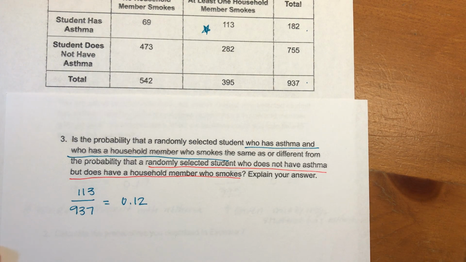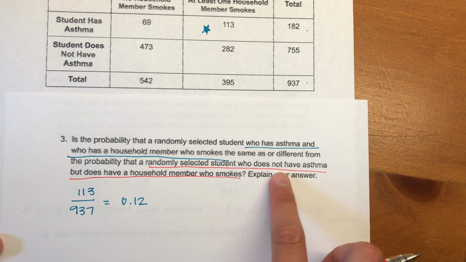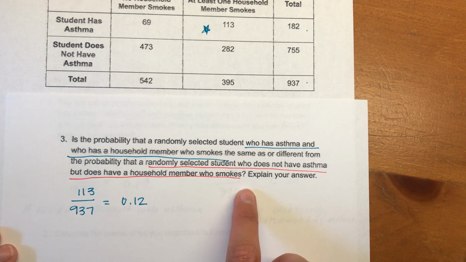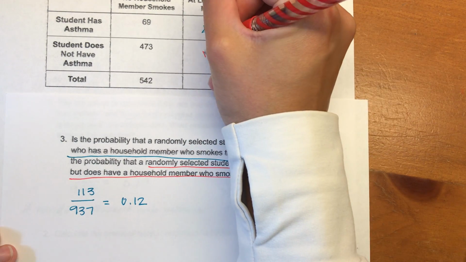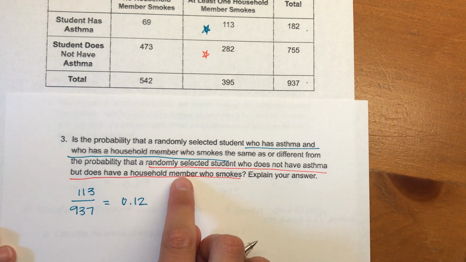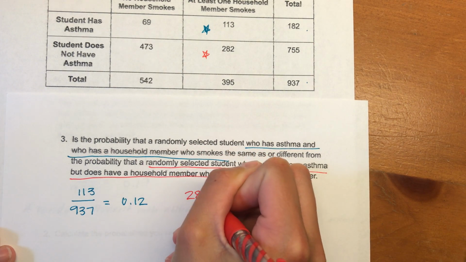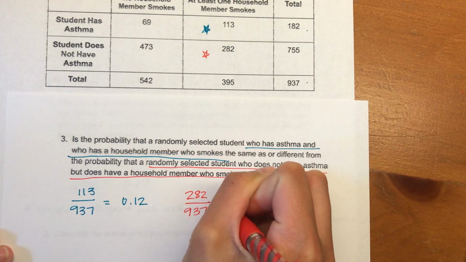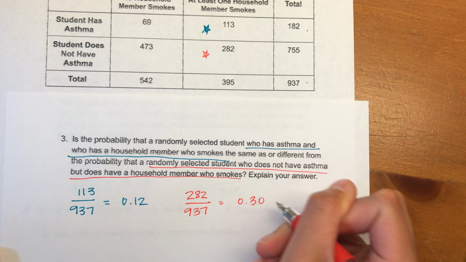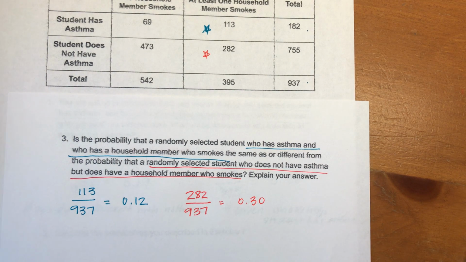And we're going to compare this with the probability that a randomly selected student who does not have asthma but does have a household member who smokes. So we've got does not have asthma and does have a household member who smokes, out of randomly selected students. That's going to be 282 divided by all students, because it's a randomly selected student. There's no condition here. And we get 0.30. So the question is, are these the same or different?